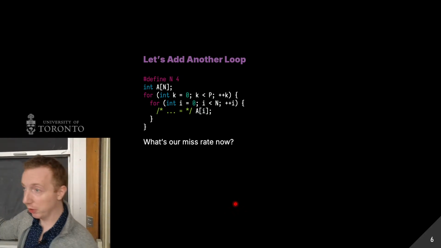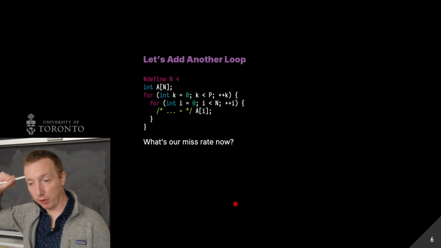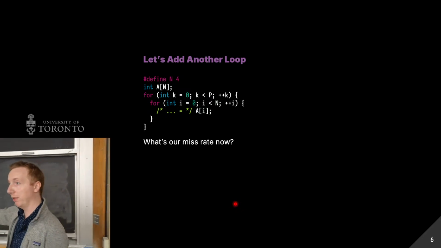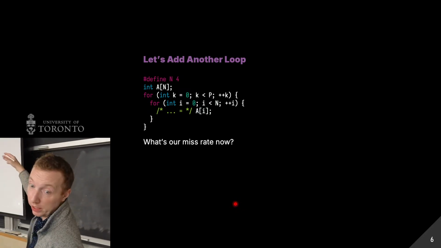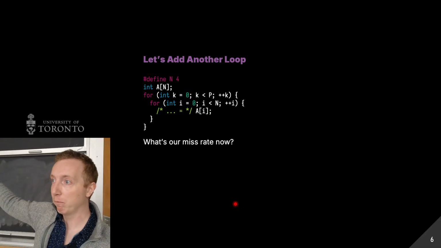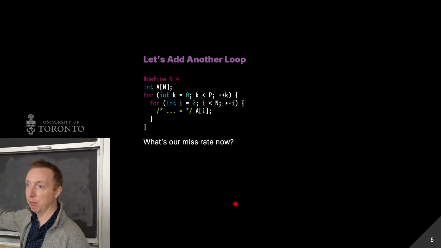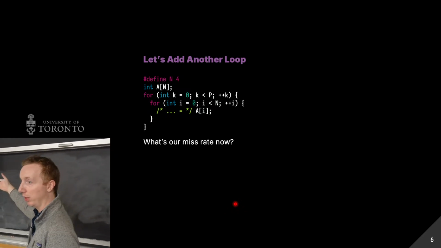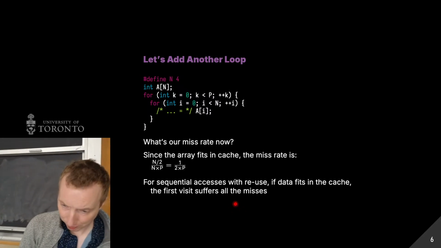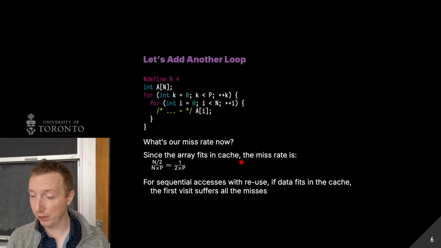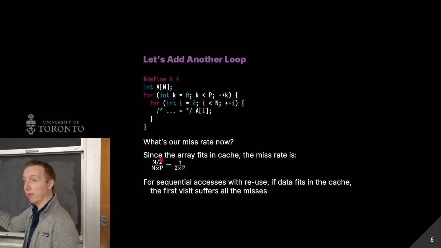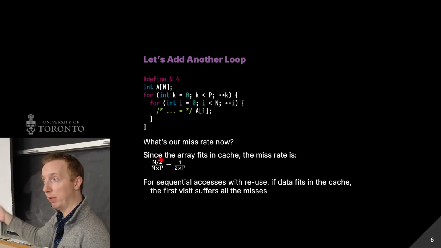So the inner loop is still the same, right? In the inner loop, I'll get a 50% miss rate, but eventually, assuming that array is cache aligned again, it's a hit every single time through the outer loop. So overall, in this scenario, since the whole array fits in cache, we only miss n divided by 2 times the first time we access the array.